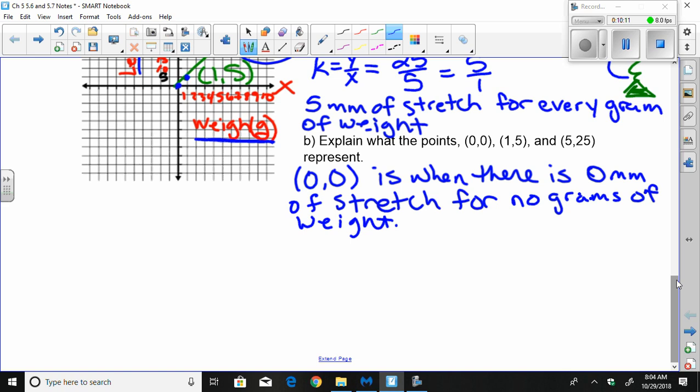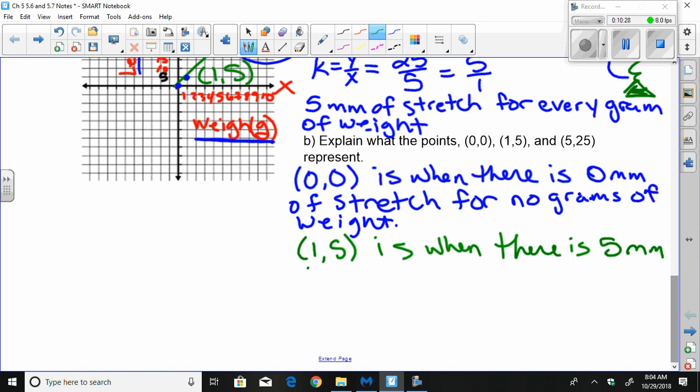The point (1, 5) is when there is 5 millimeters of stretch, because that's in the y, or 1 gram of weight.